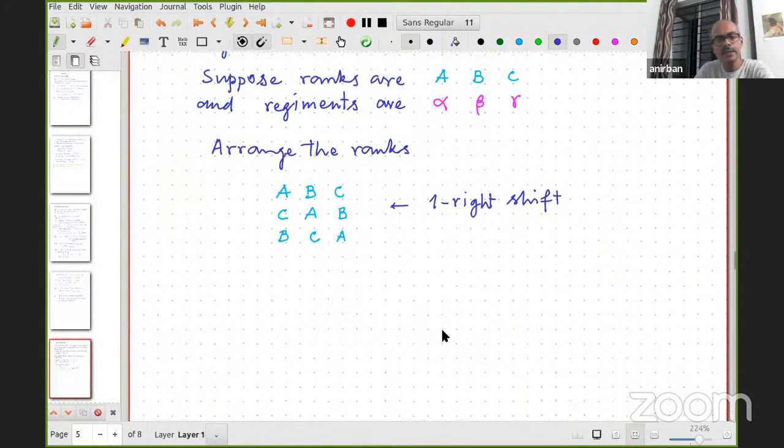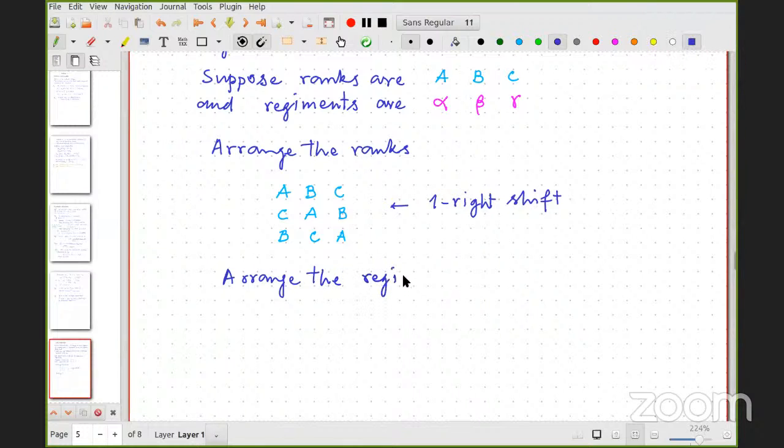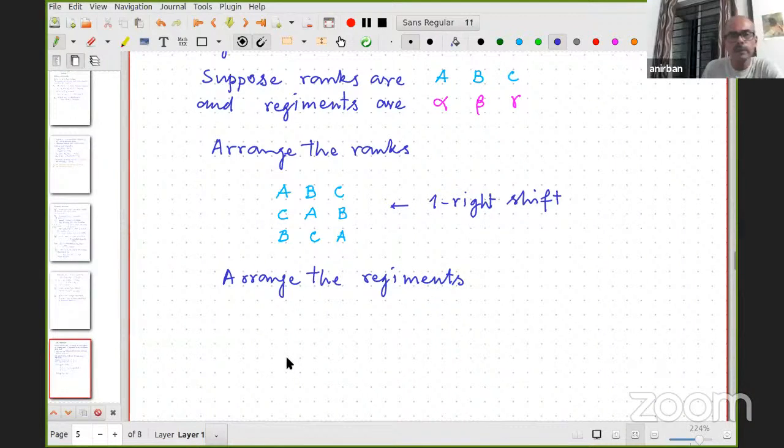And let's arrange the regiments now. Here we're doing something else.